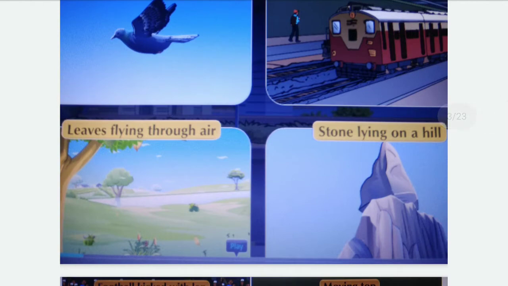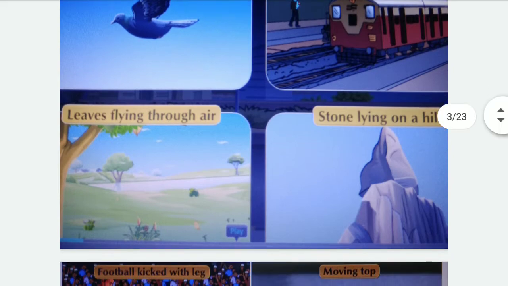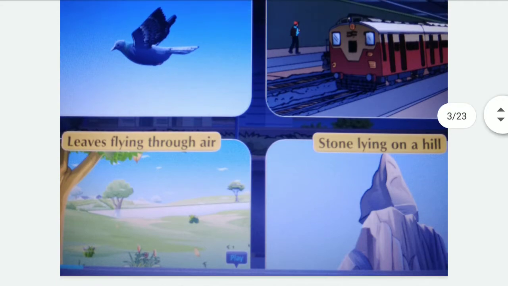What is the another picture? In the third picture, we can see leaves flying through air. And in the last picture, we can observe that a stone is lying on a hill. That means we can observe that motion is a relative concept.